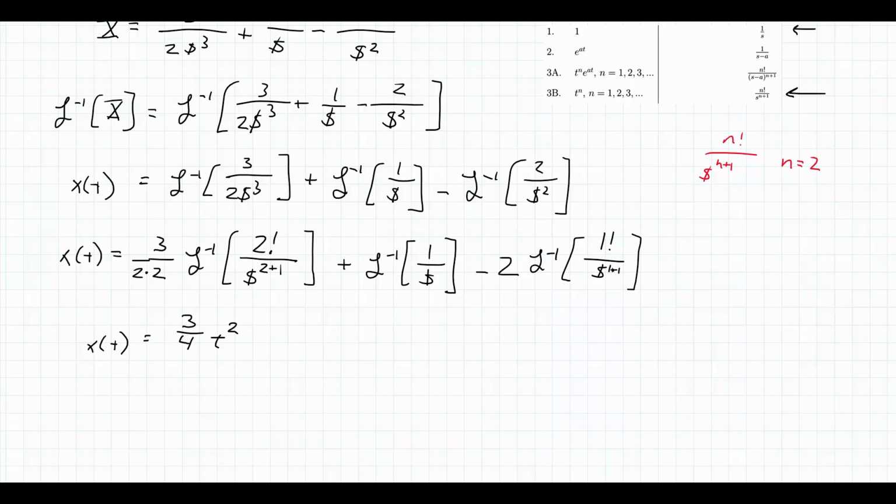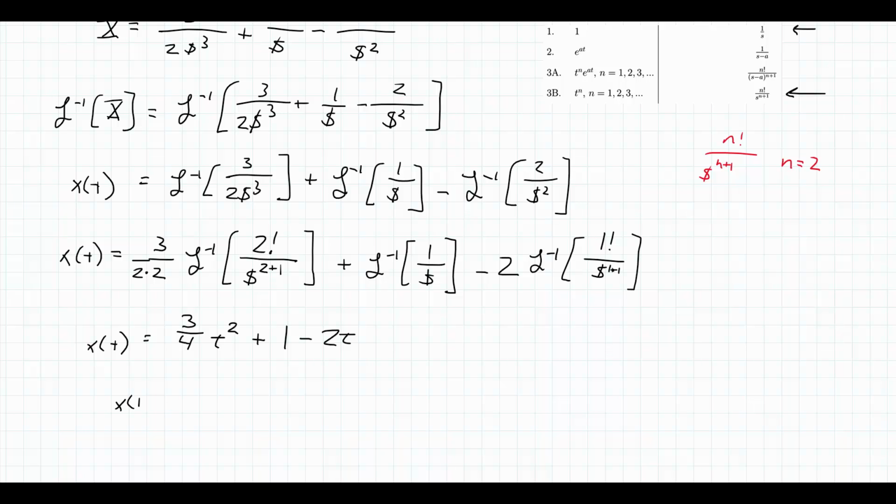So 3/4 t squared. Plus, now on table 1, going from right to left, 1 over s just becomes 1. Minus 2 times, looking at 3b, going from the right to the left, I get t to the n power. In this case, n is 1, so it's simply t.